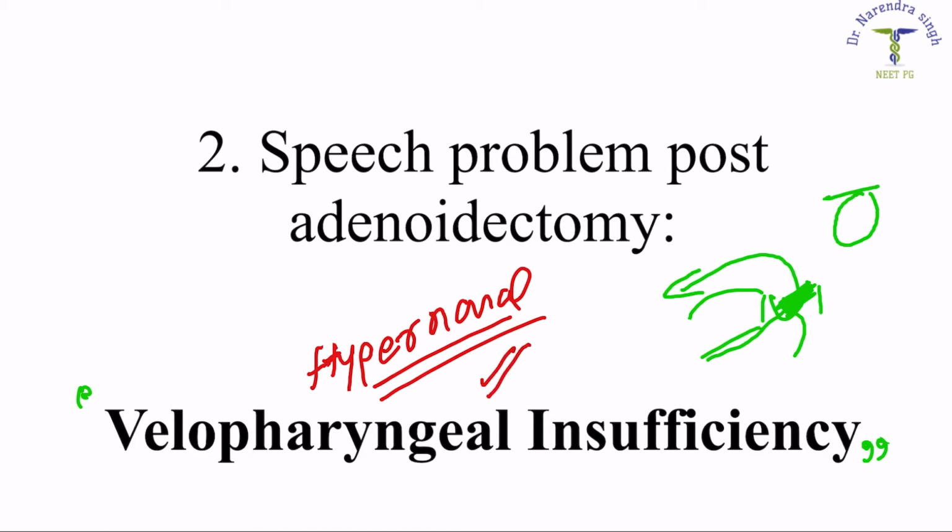One other question which can be framed is, in velopharyngeal insufficiency, what is the more component? Is it the oral component or the nasal component? Actually the more component is oral only, but due to air leak the nasal component increases as compared to the normal person.